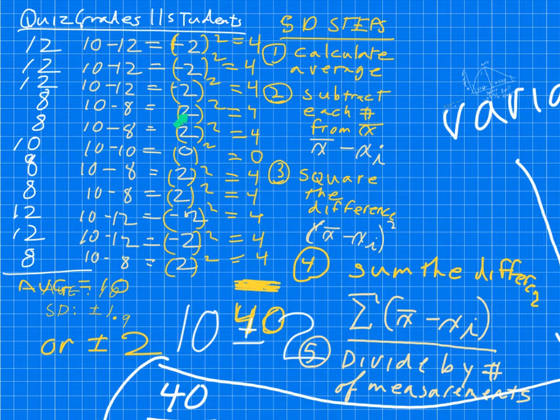If we had added them all together without squaring them, we would have had a sum of 0, implying that all of our students scored the average, and that obviously isn't the case. So to deal with that positive and negative difference from the average, we square them, resulting in all positive numbers. Then we sum them together, and then we take the square root to undo the effects of squaring them. And that's the logic behind your standard deviation formula.